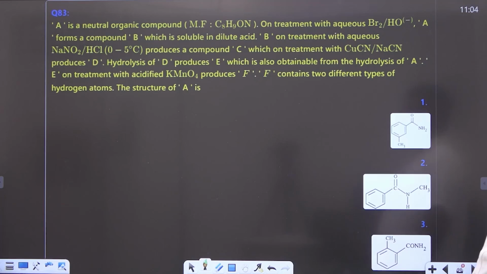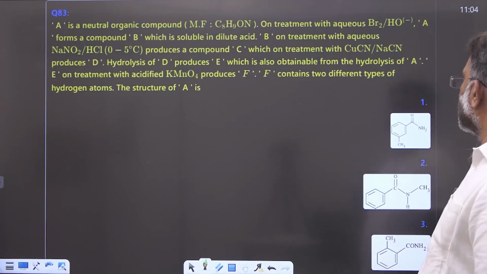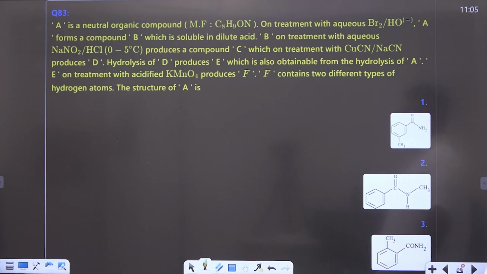A is a neutral organic compound. On treatment with aqueous bromine and alkali, it forms compound B, which is soluble in dilute acid.